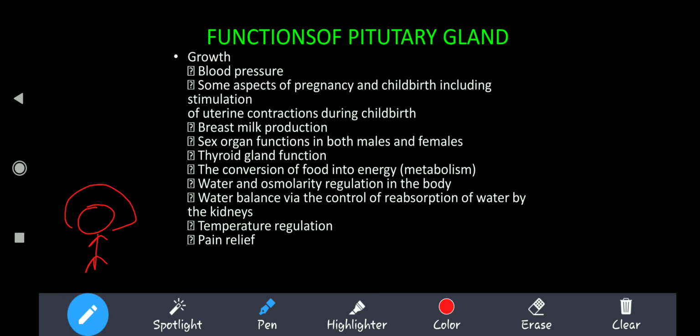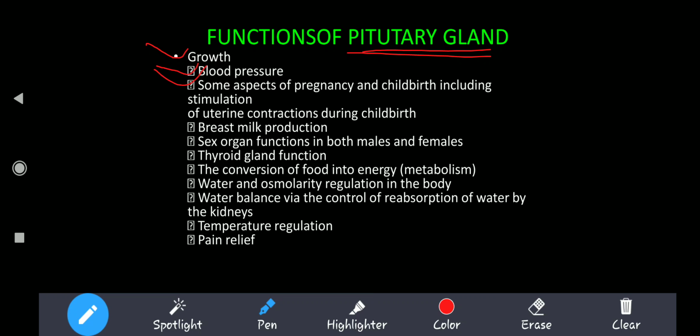Similarly, as the pituitary is a master gland, it has many functions to perform. First, it is involved in the growth of the body. When we were babies our body was small, but as we grow into adulthood our body has grown. It is the pituitary gland that is responsible for the growth of the body.